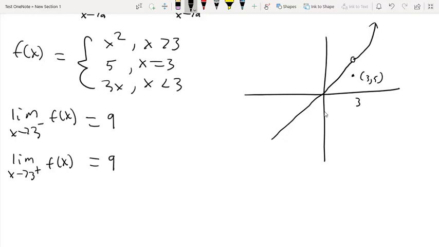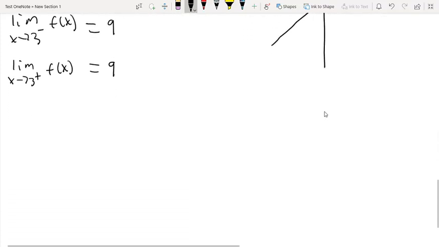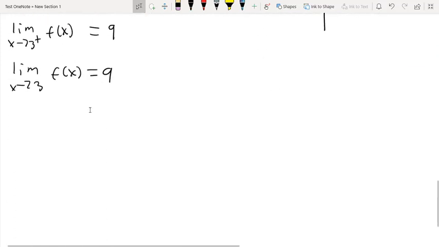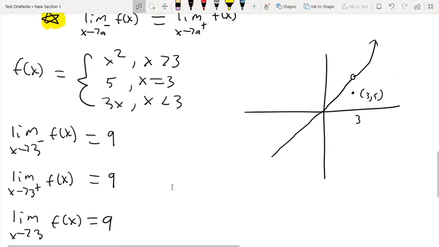So therefore, we'll see that also, just in general, the limit as x approaches 3 of f of x will also be 9. Because this condition up here, that the limit from the left and the limit from the right are the same and equal, that's the only condition that must be met for this limit to exist, right? So since this is true, this is also the limit at this point.